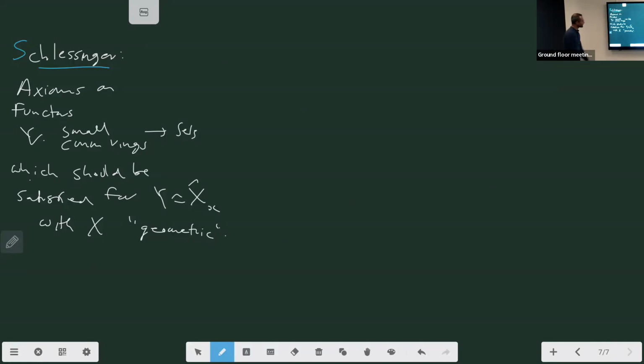We can start with any functor that satisfies these axioms and ask if it is represented by some geometry.